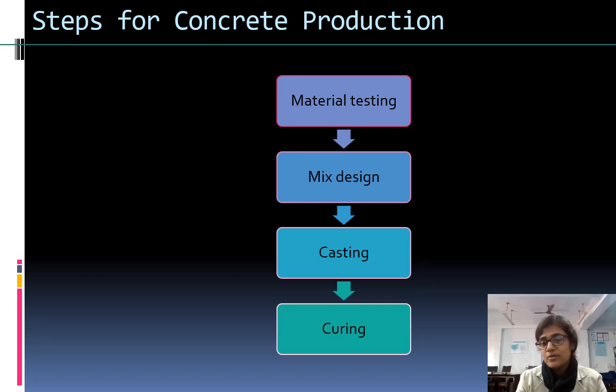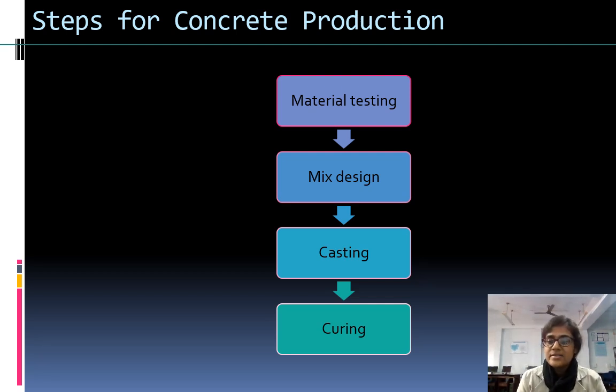As I have told you, all the sub-components like sand and stone chip, the fine and coarse aggregate, and cement and water, all have to be of good quality, and also the desired quality, so that the end product which we are aiming for is also good.